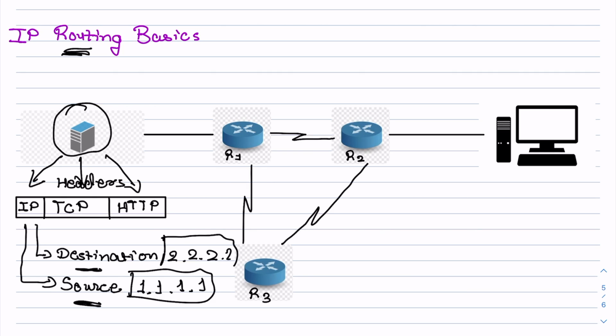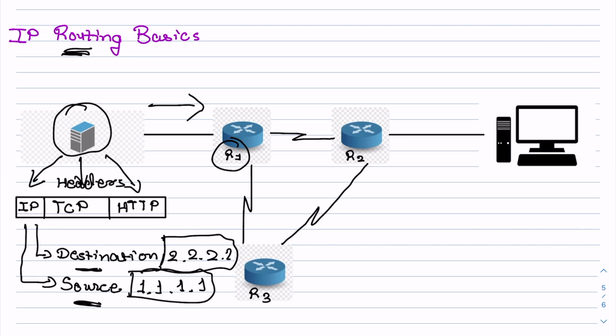So now the server has everything in it. It has the information of the IP addresses in the packages. So the server sends the data to the first router, which is R1 over here.